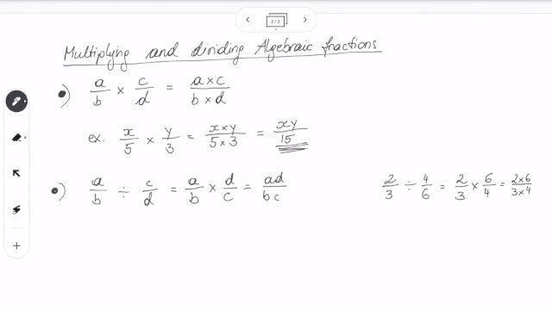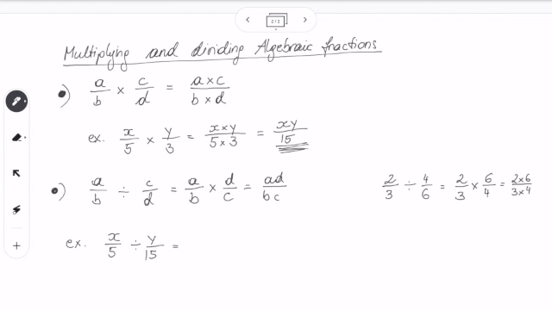So let's try this with an example. Let's say we have x over 5 divided by y over 15.